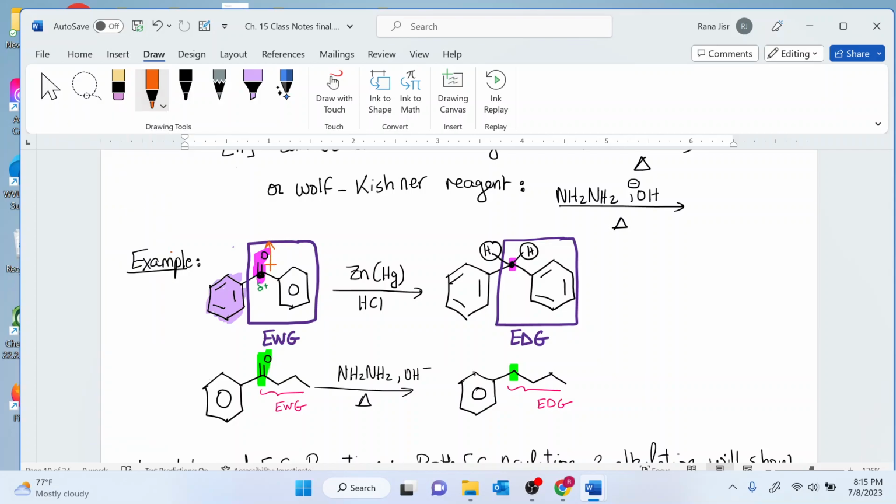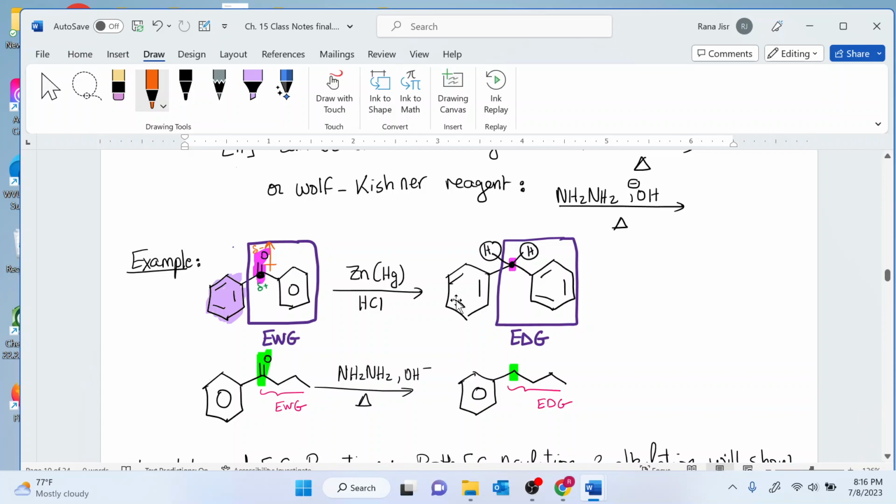And when it does, it's going to end up having the carbon being partial positive and the oxygen here being partial negative. So that carbon, because it's partial positive and directly connected to the benzene, we consider this whole group now to be an electron withdrawing group.